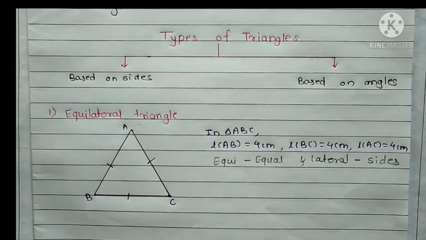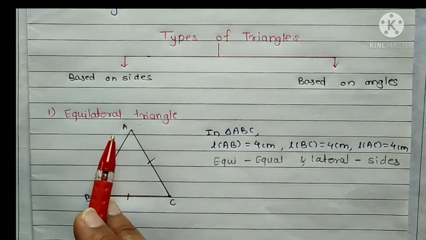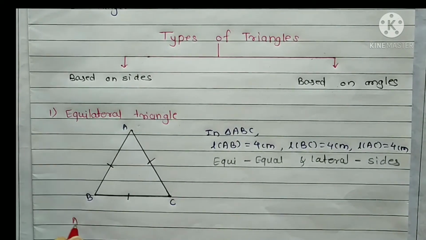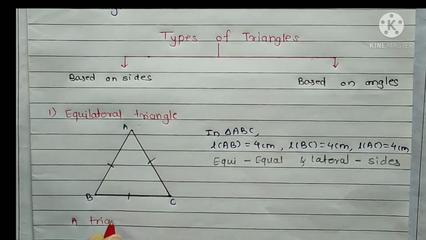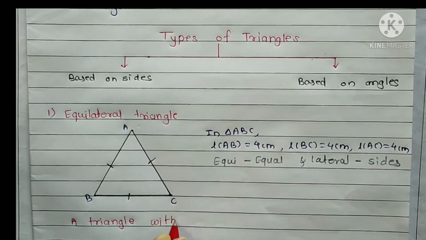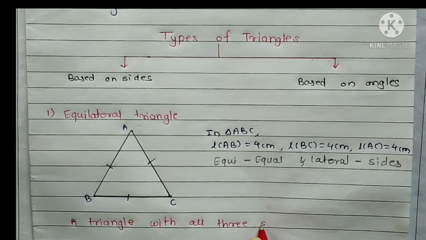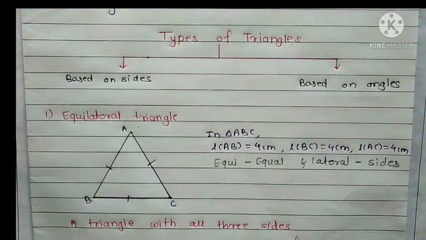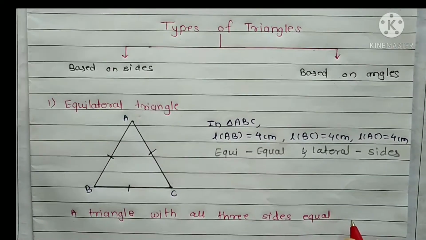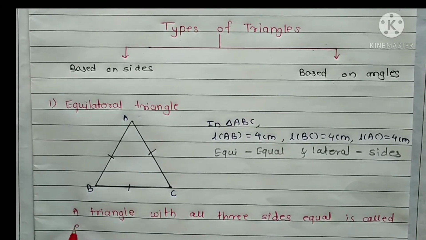So the definition of equilateral triangle is: a triangle with all three sides equal is called an equilateral triangle.